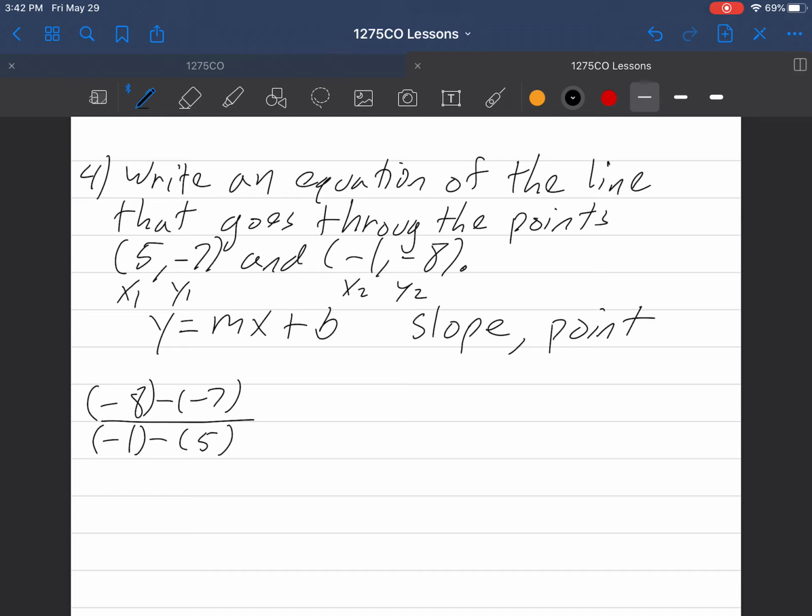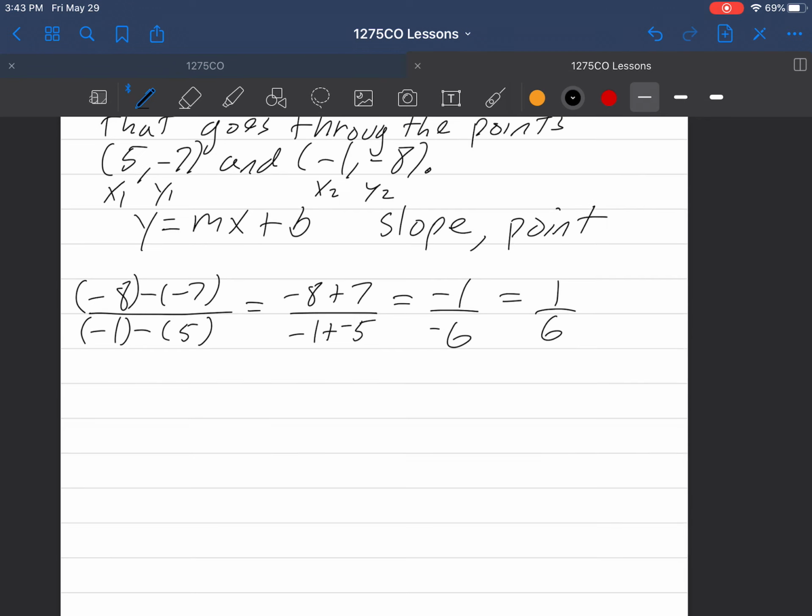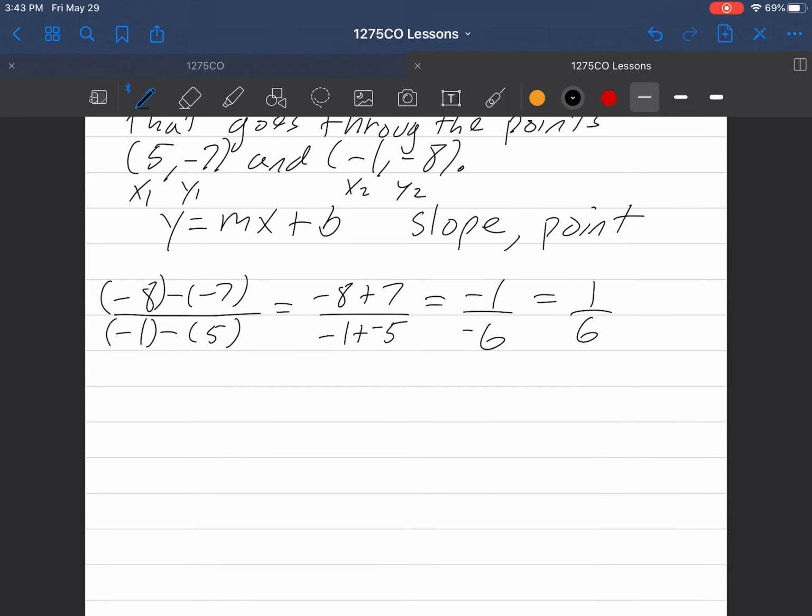All right, this is our slope formula. -8 plus 7 divided by -1 plus -5. And that's going to equal -1 up top, -6 on bottom. Negative over negative reduces to a positive. So our slope is equal to a positive 1/6. So we know what the slope's going to be.